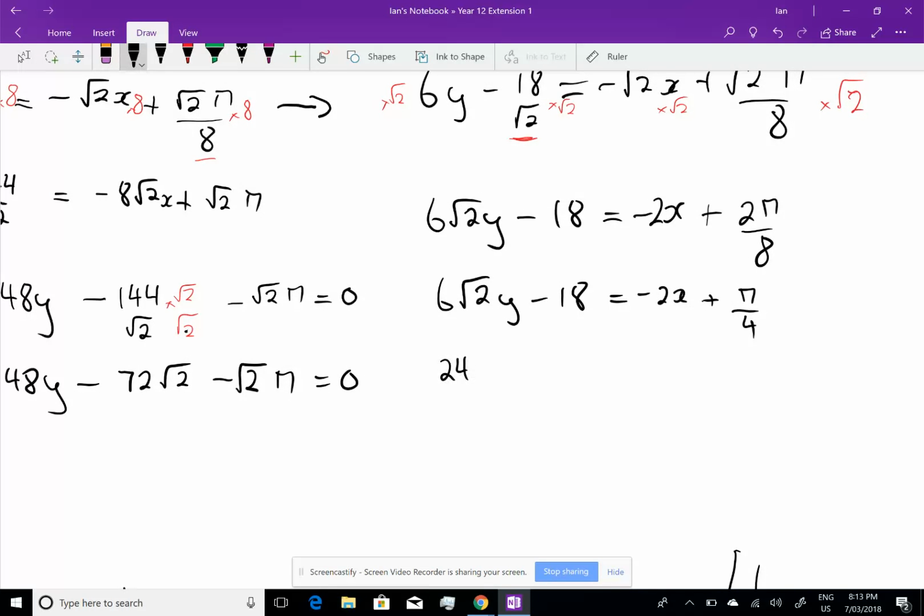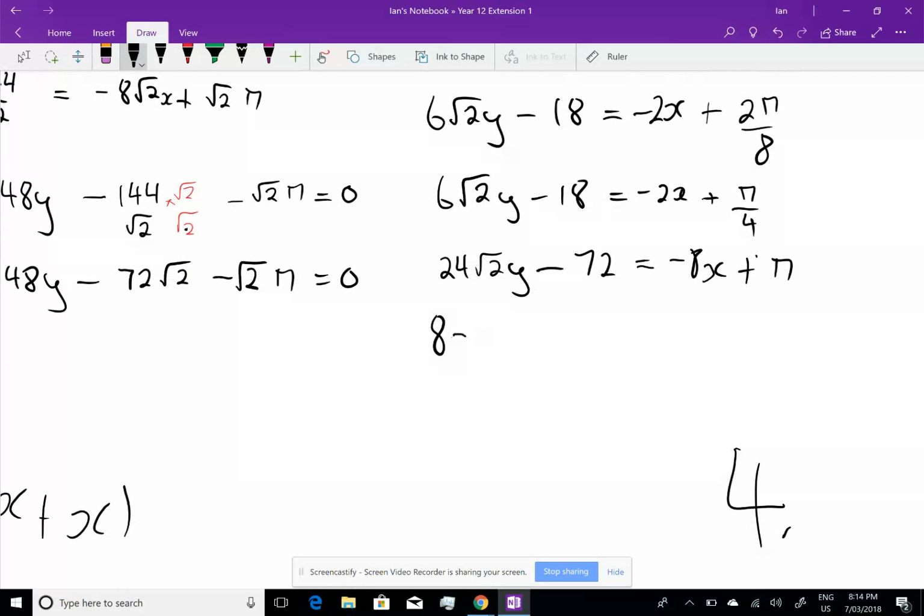Sixes, 24, multiply everything by 4, 24 root 2y minus 4 18s, that's going to be 72, equals minus 8x plus pi. Take the 8x over, 8x plus 24 root 2y minus 72 minus pi equals 0.